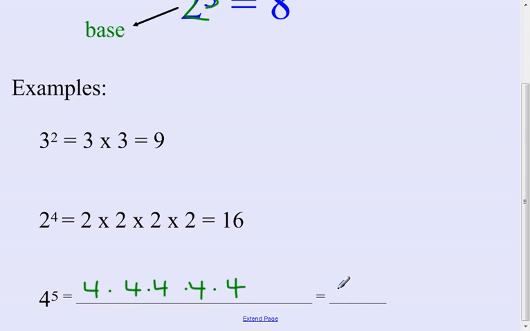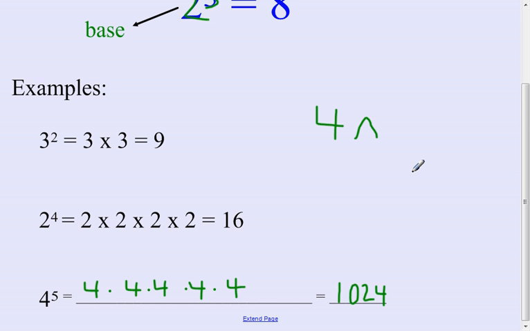1024. So you can check that. By the way, on your graphing calculators, I should show you this. On your graphing calculator screen, when you want to take 4 to the 5th power, you're going to type in 4, and then right below the clear key, right above the division key, is this little symbol right here. We call it the caret key.